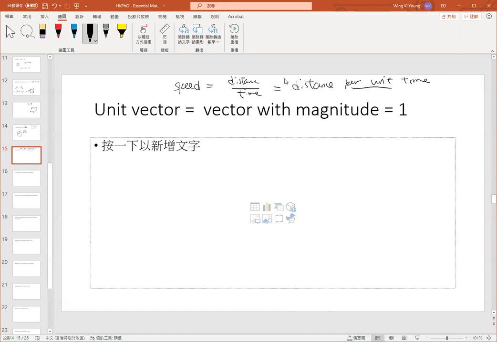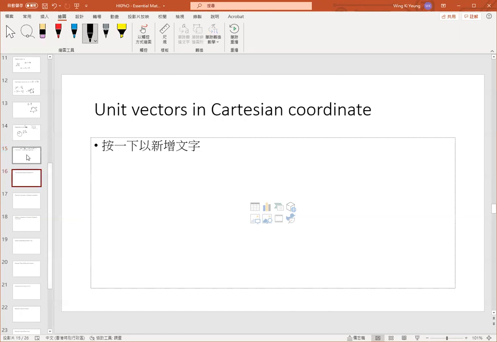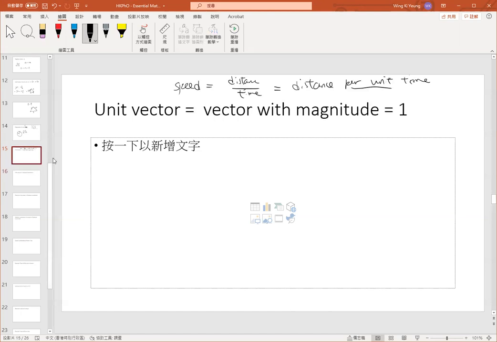So when you're talking about the unit vector, it means a vector with the magnitude equal to one. So let's say a vector A is not a unit vector. So how can I make it become a unit vector?